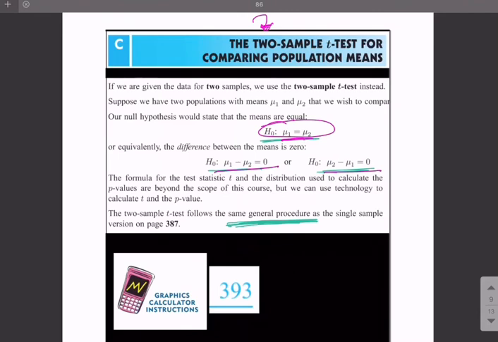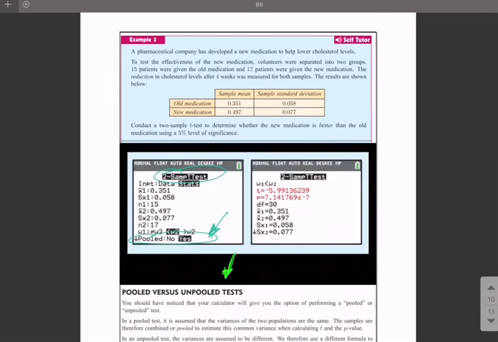The process on the calculator is very similar, but it's outlined on page 393, so go and read it. But I'm going to show you also in an example in a little while. So after you read the calculator process, go over example 3 in the book using the calculator. A very important thing is when you go to use the 2 sample test, you have a definite option at the bottom that says pooled.